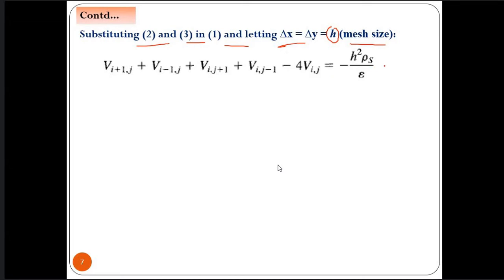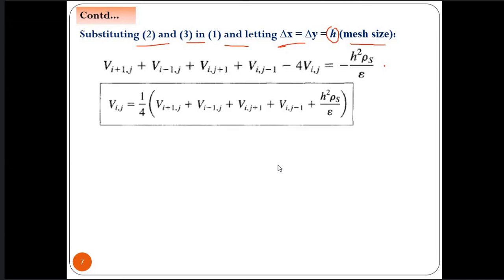So this is the approximation of the Poisson's equation in 2 dimensions. Our intention was to find out the unknown potential at x0, y0, that is v of i, j. So from this equation, it becomes 1/4 of this.